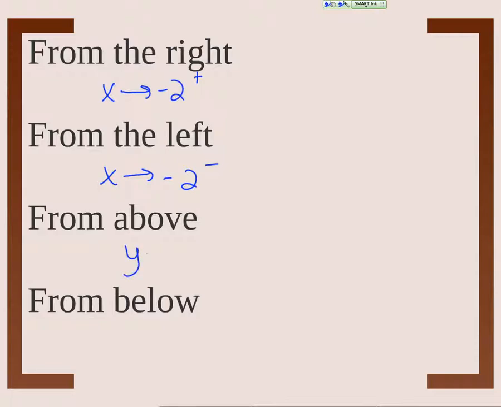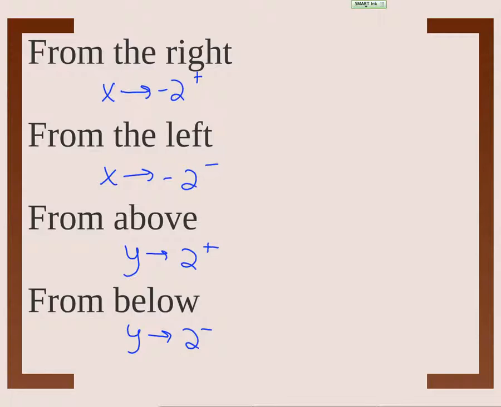From above, well, what was that horizontal asymptote that the y's are getting close to? 2. So if I'm coming from above, I have a little plus sign after it. And if I'm coming from below, I have a little minus sign after it.